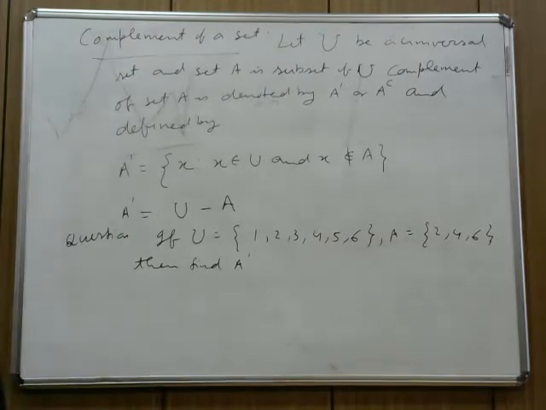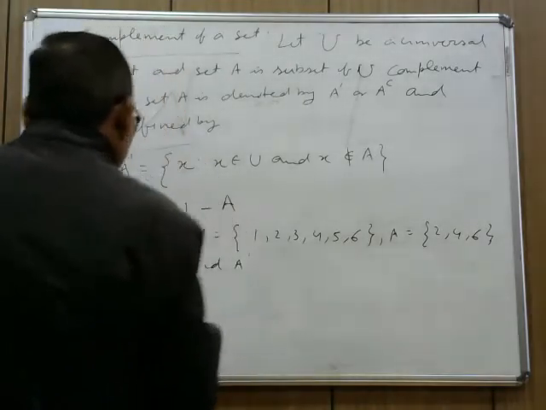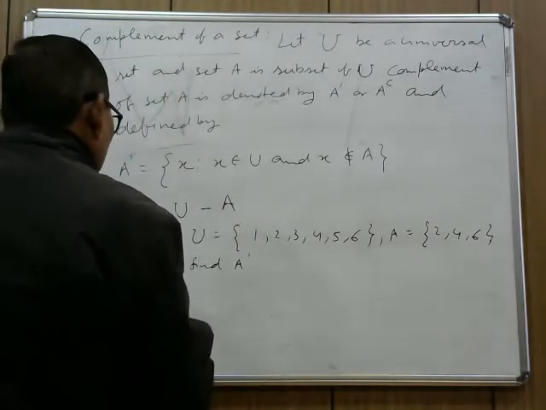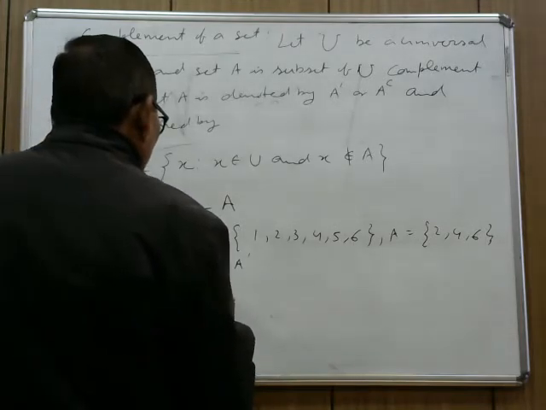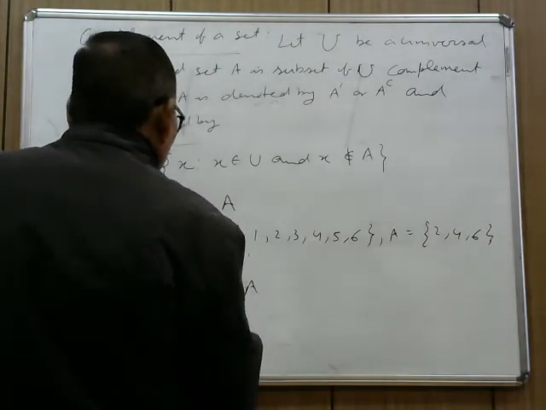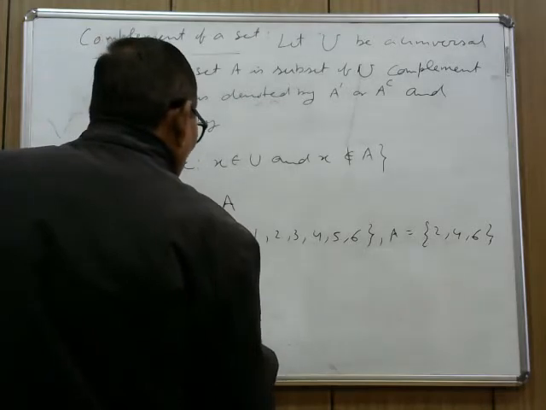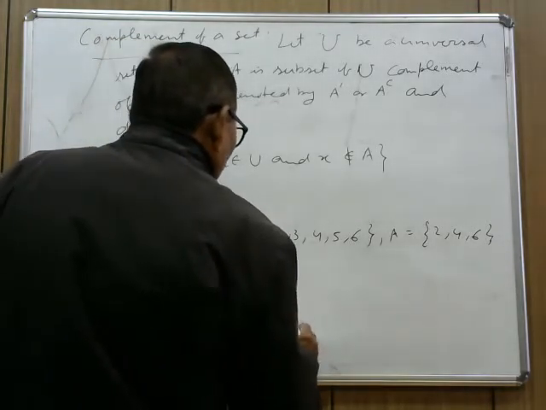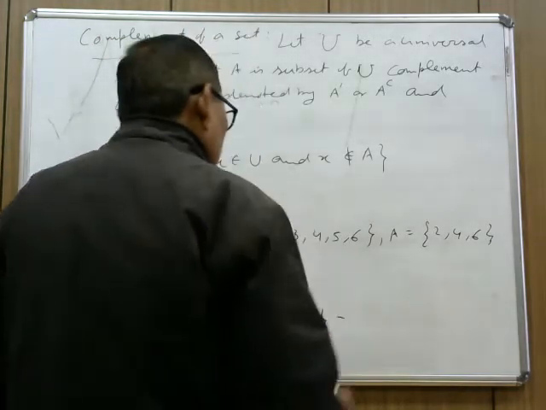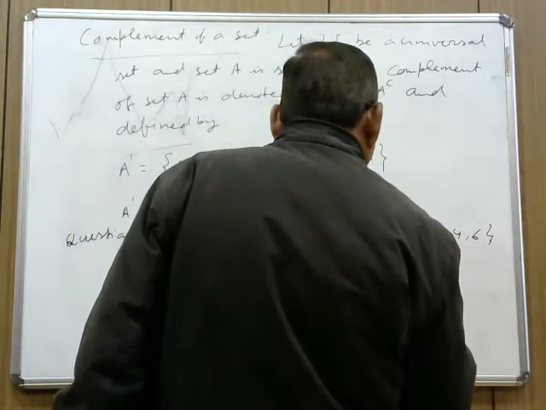We know that A complement equals U minus A. Your U is {1, 2, 3, 4, 5, 6} minus A, which is {2, 4, 6}.